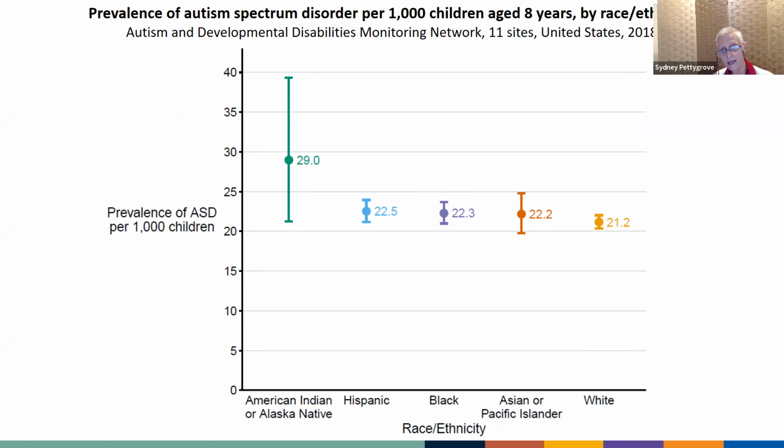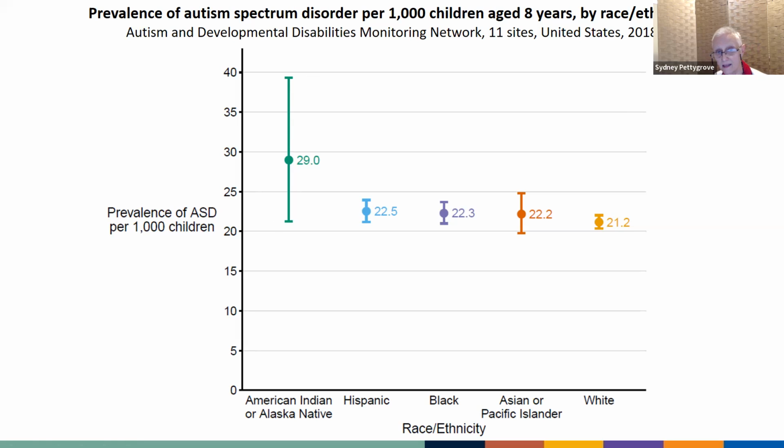The American Indian and Alaska Native numbers are higher, but there's also those huge error bars around this. And that is a reflection of the fact that this is a rather small community. And so when you have a smaller community, these error bands are bigger.